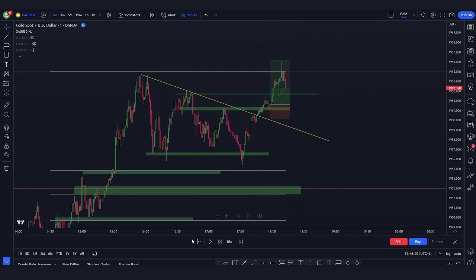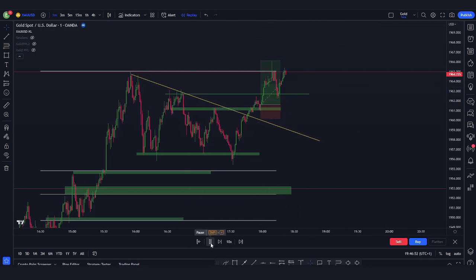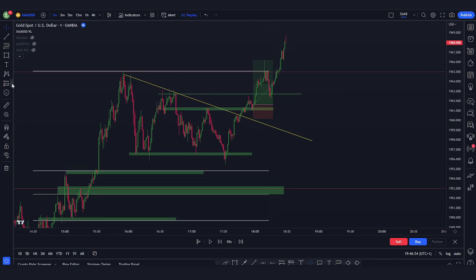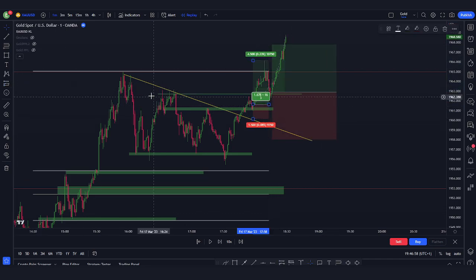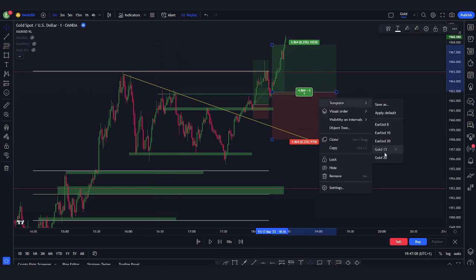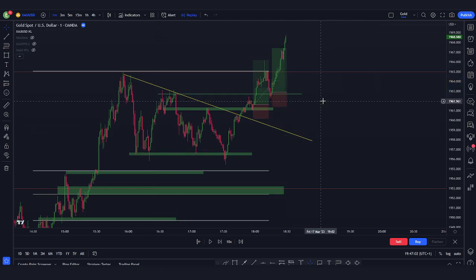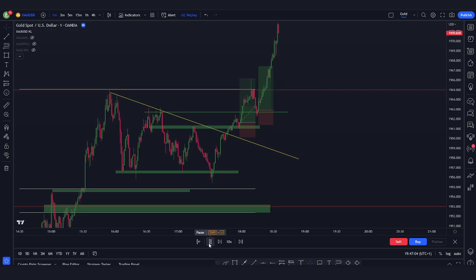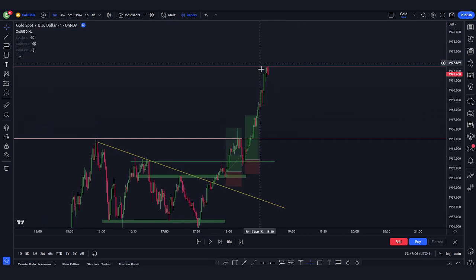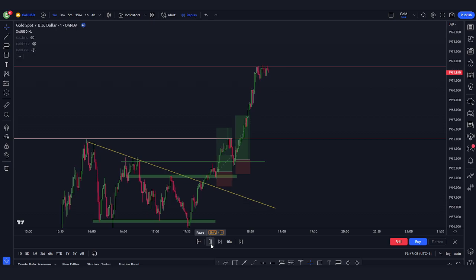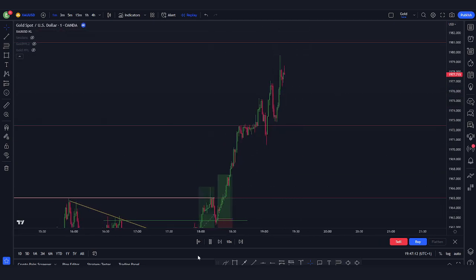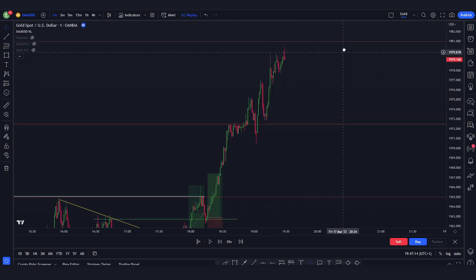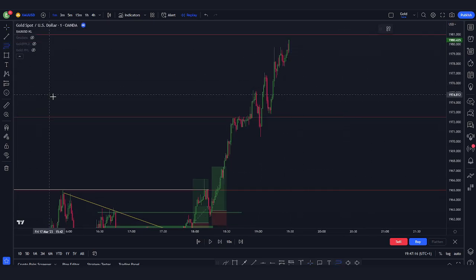Still very strong reaction at the key level, but also, as you can see, very strong reaction at our last PSA over here. Now next key level tapped, multiple rejections, and we are reaching the 1980s, which is a very high price.